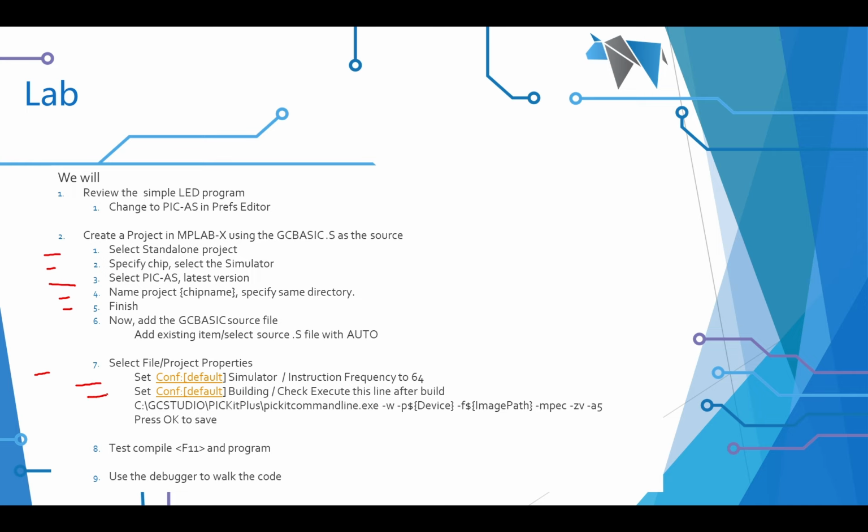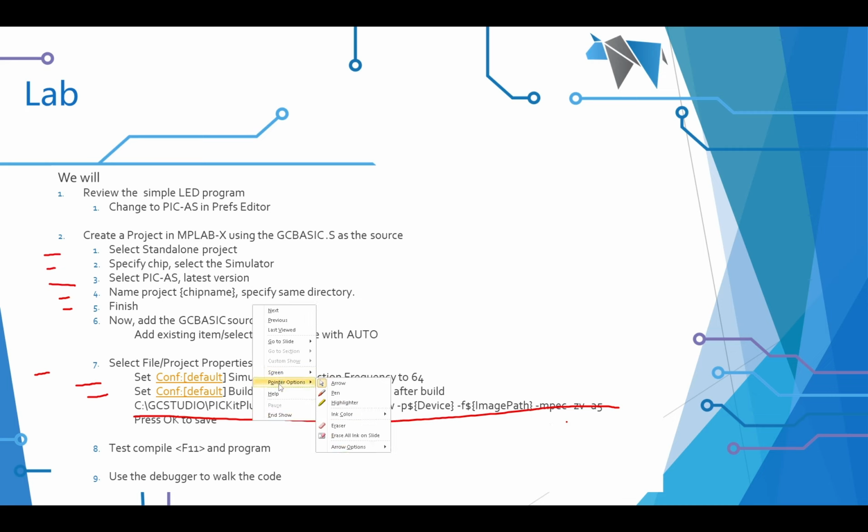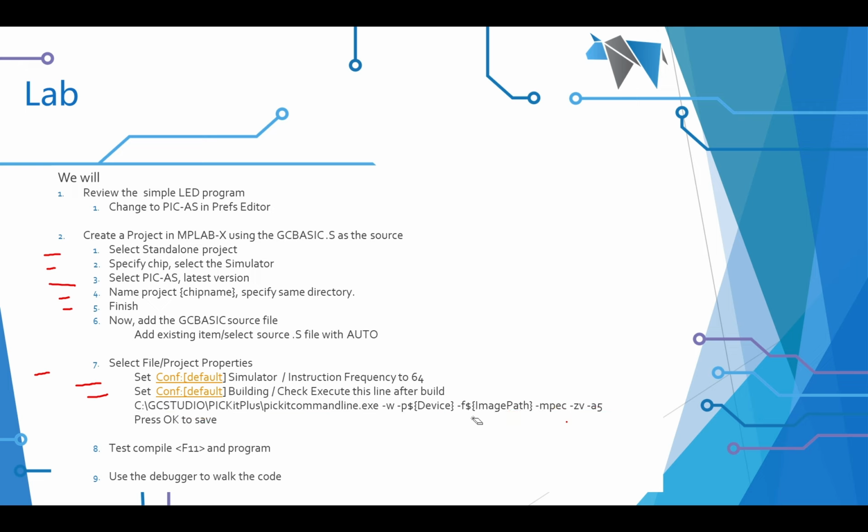And if you want to program from MPLAB-X as you make your changes, add in this command line here. Control Z. Let me just erase that pointer. There we go. It's that command line there. Press OK, and then if you want to test compile, press function key F11.